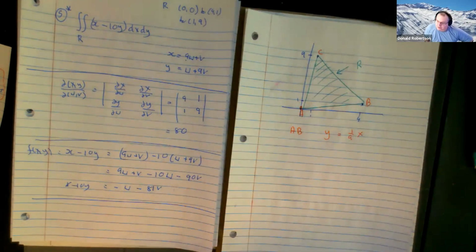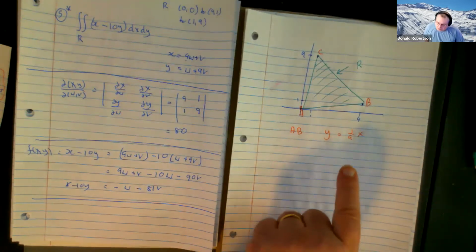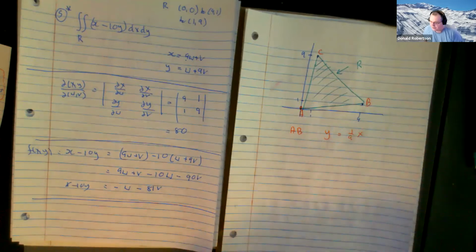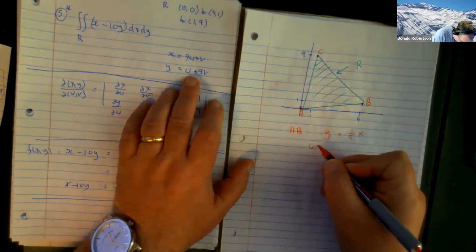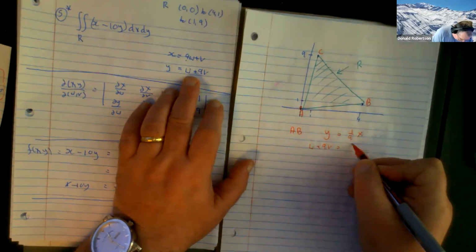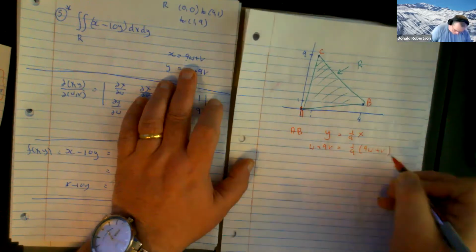Are we good? Now that's what it looks like in x's and y's. I want to know what that looks like in terms of u's and v's, right? So y is u plus 9v, and x is 9u plus v.